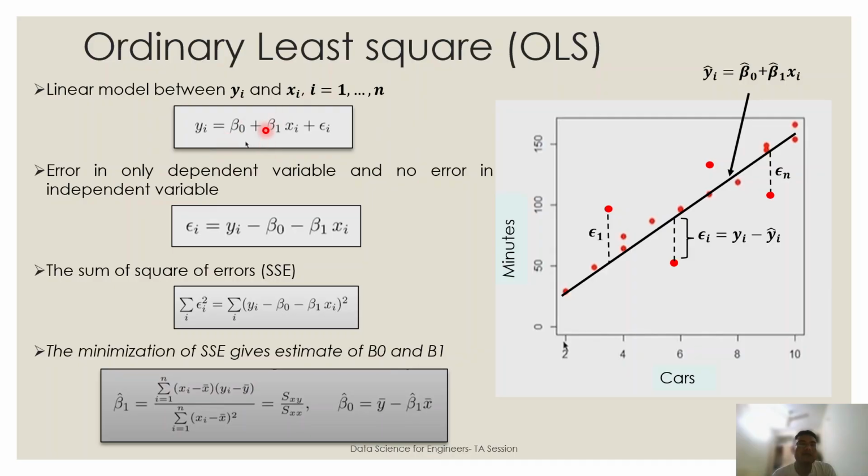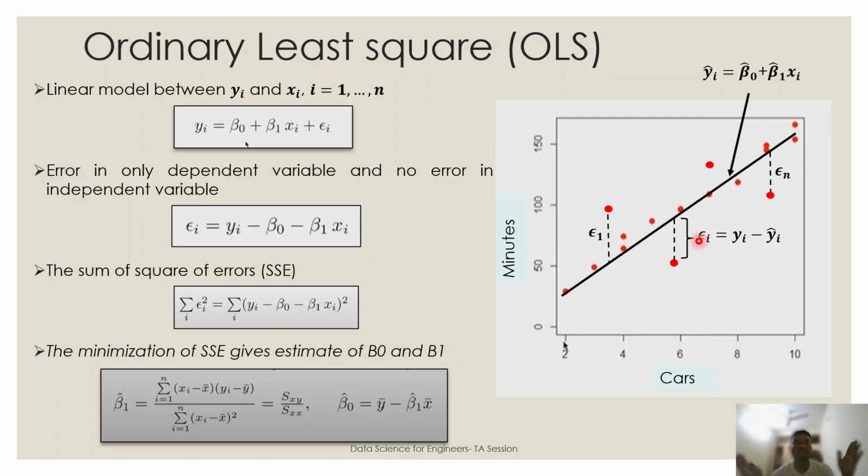Now I will shift beta 0 plus beta 1 xi to the left hand side. So the error, whatever we are calculating, e1 to en, will become yi minus beta 0 minus beta 1 xi. This will give me an error that is either a negative or positive value.